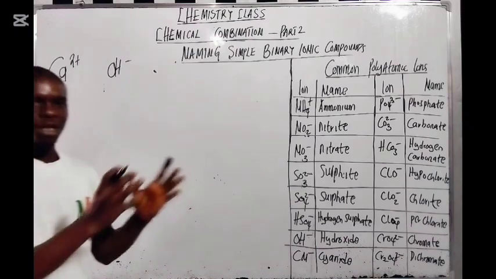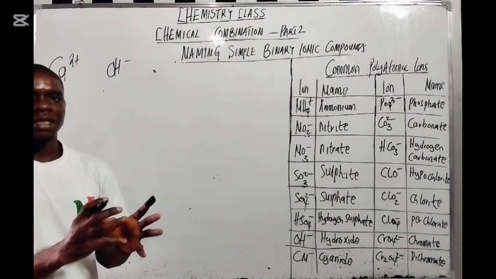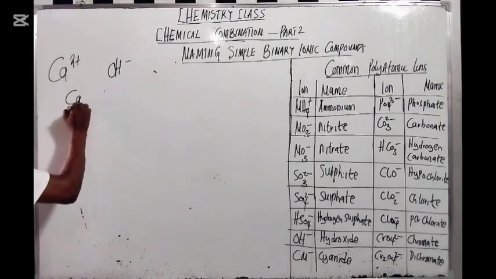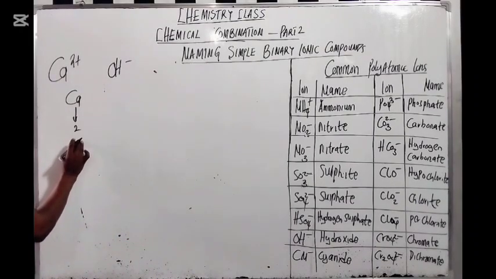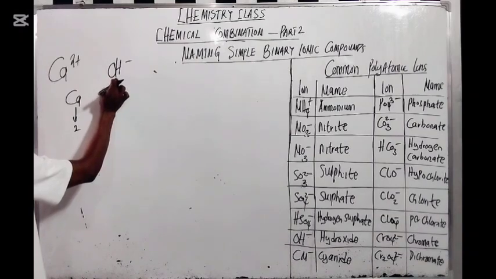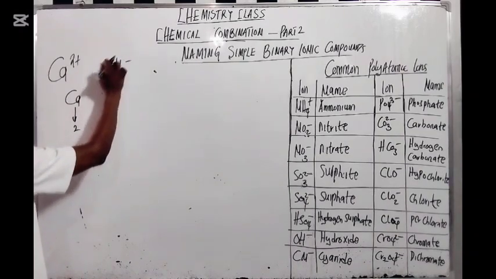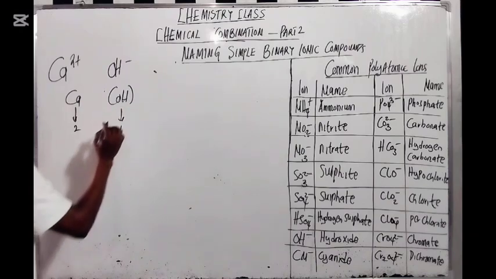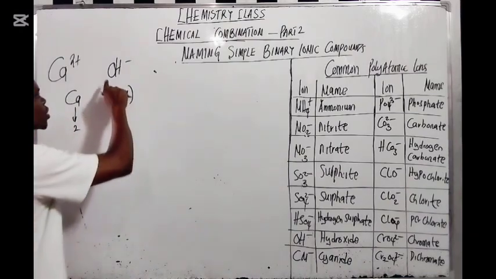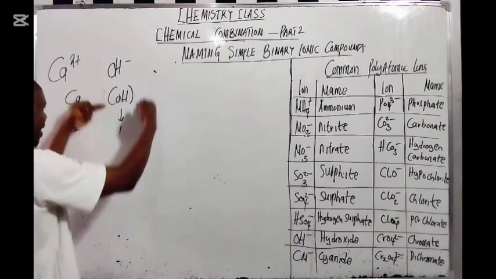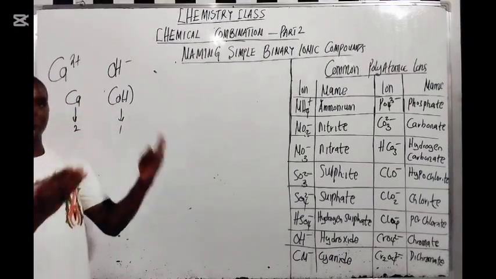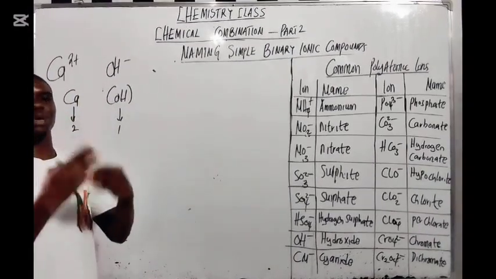I'm going to show you how to write the ionic compounds and the name. So now it's going to be Ca, which is 2. Now this OH will always be in a bracket, like OH here has 1 because it's being treated as 1. There is always a bracket here because there are more than 1 atoms now. That's why it's called polyatomic ion.